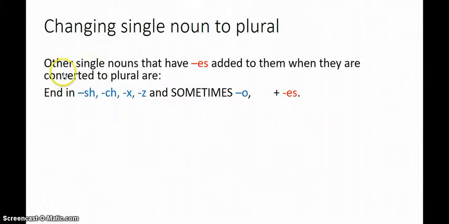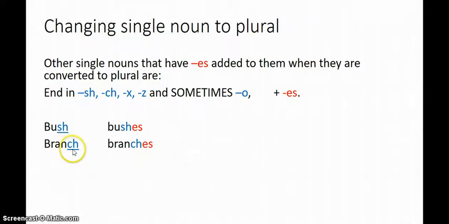Other single nouns where we need to add ES to make them plural are words that end with sh, ch, x, z, and sometimes o. All these words have to add ES to make it plural. So for example, the word bush becomes bushes, we get ES.